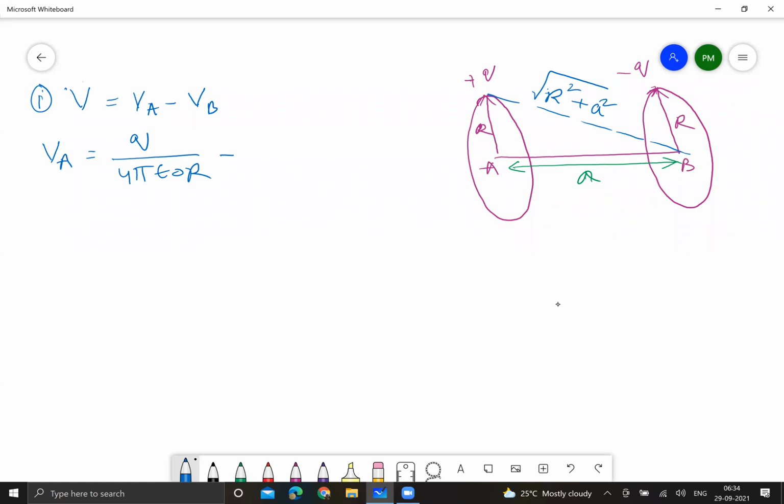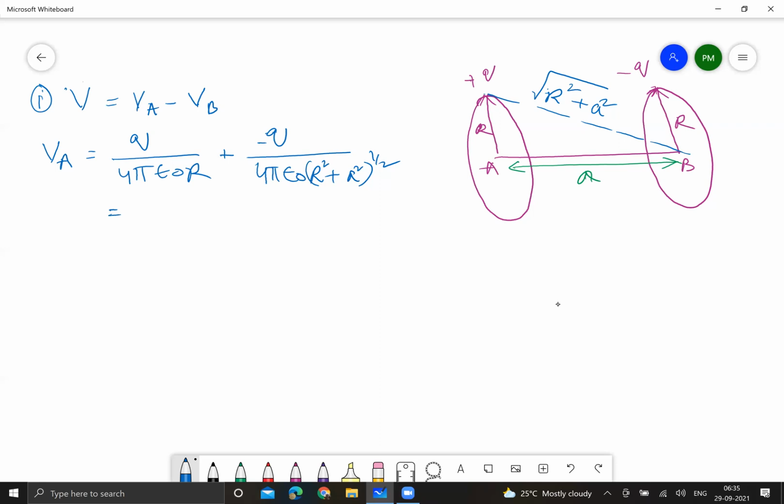Next is due to the second charge, minus Q by the distance of the first ring from the center of the second ring, 4 pi epsilon 0 into root of R square plus a square to the power of 1 by 2.